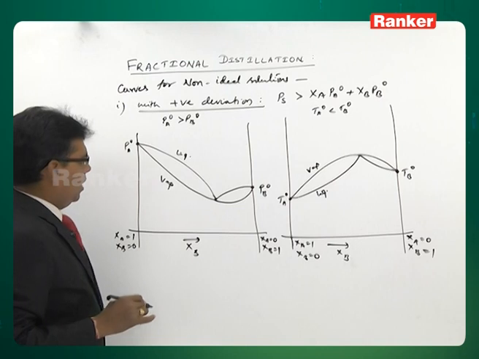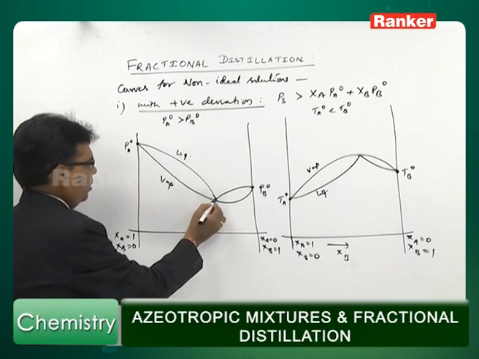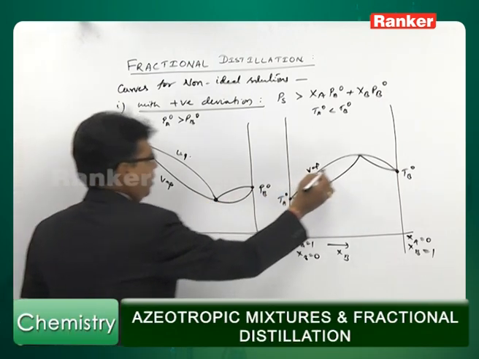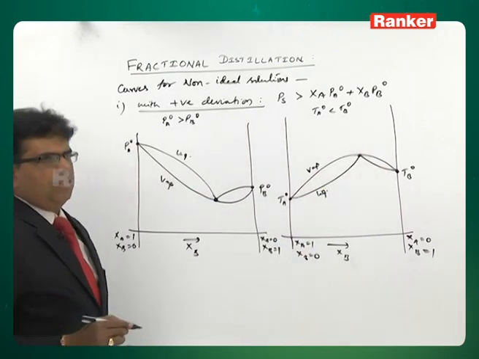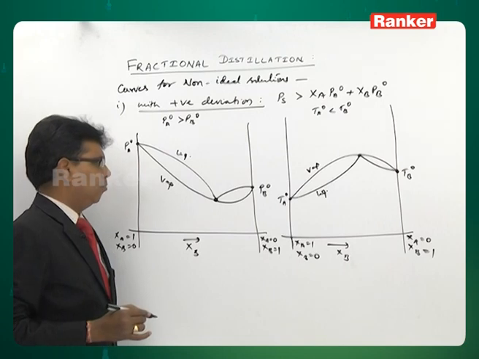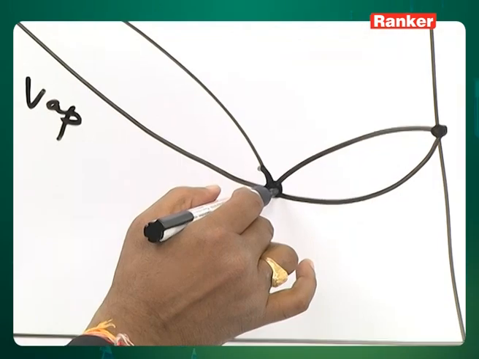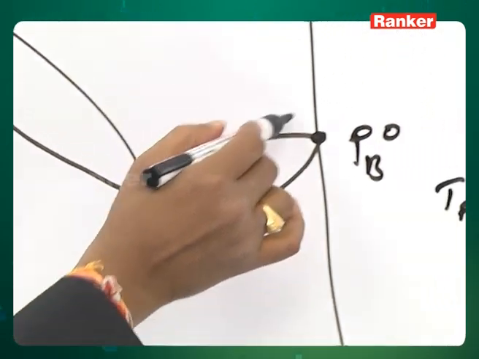Now, what do these points indicate and why are we getting a different type of curve? In the last graph we got a continuous decrease or increase, but here it decreases and then again increases.